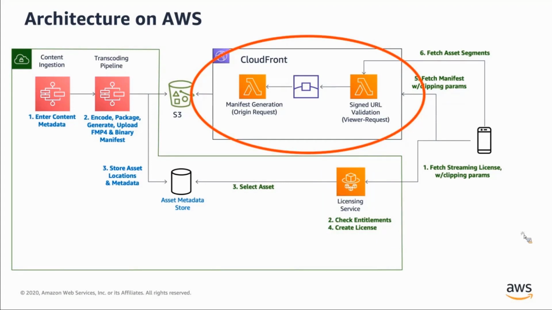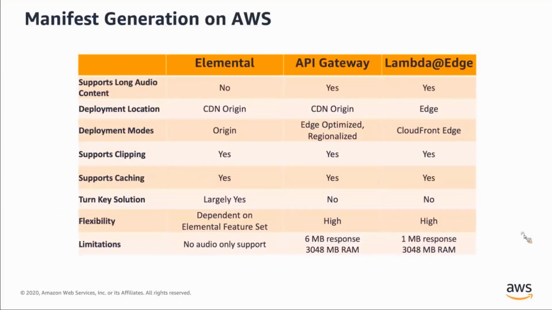On AWS, you have multiple options for how you can create manifests. The first is Elemental, and then you can use custom options such as API Gateway or Lambda@Edge. Elemental does not support audio-only streams or the really long content that we have.